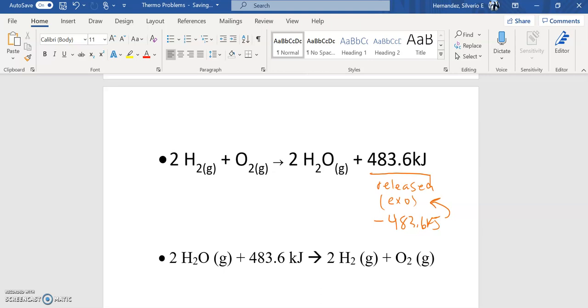And I relate it to a bank account. If your balance is getting down to zero and then you keep spending and spending and spending and you go past zero, then you're going to have a negative balance. So here, this equation released more energy to the environment than it's taken in, so it's got a negative value for that energy.